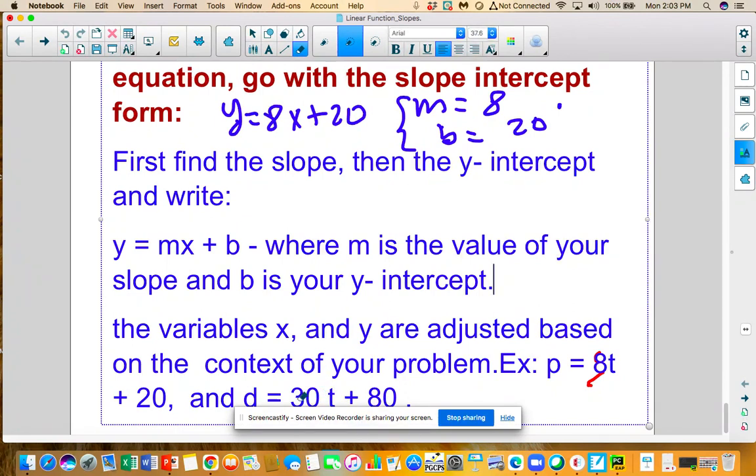Now they are saying that for the rest of the distance you are going 30 miles per hour. So you identify your slope, and your x is now t based on this context. So I hope you get the point.